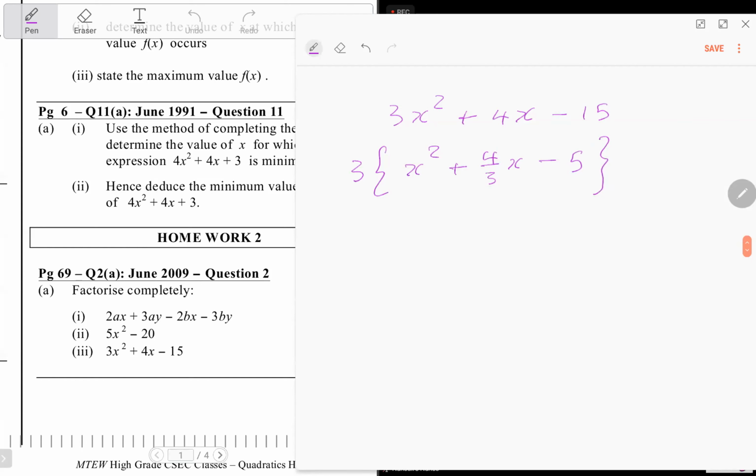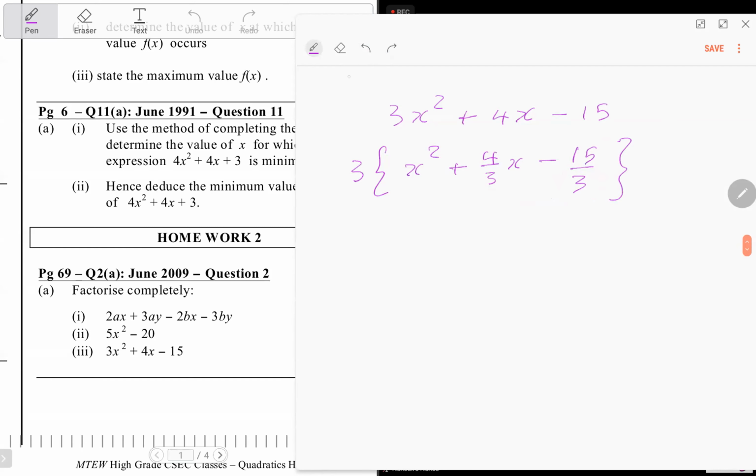And then remember, I want this to become a fraction with 9. In fact, let me put back the 15 over 3. So let's put 15 over 3. And I want this to become the square of this, remember. That becomes 9.